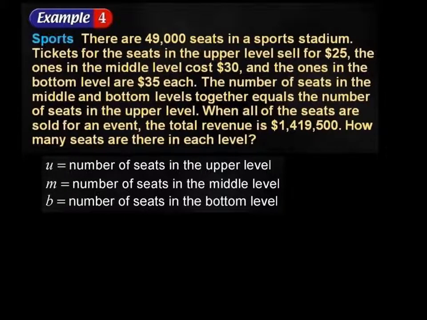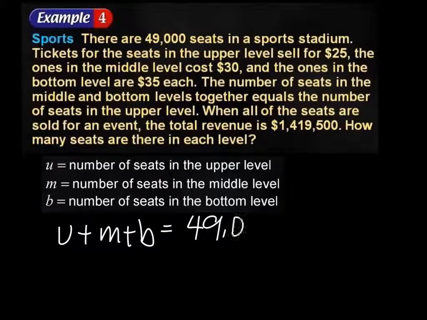It makes sense to let U be the number of seats in the upper level, M for the middle level, and B for the bottom level. So then the first sentence, the total number of seats, U plus M plus B, is 49,000. And then the next sentence gives us the cost.